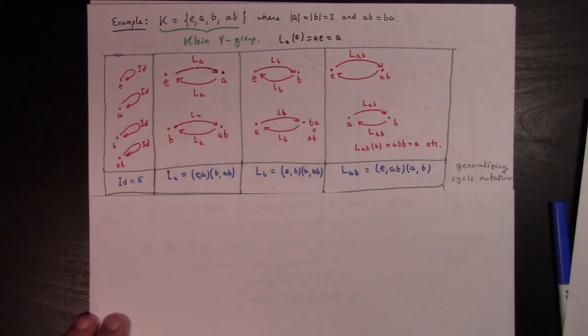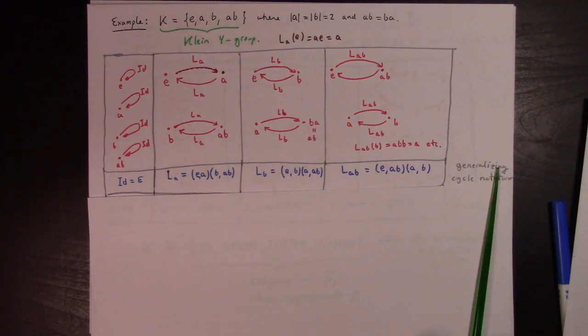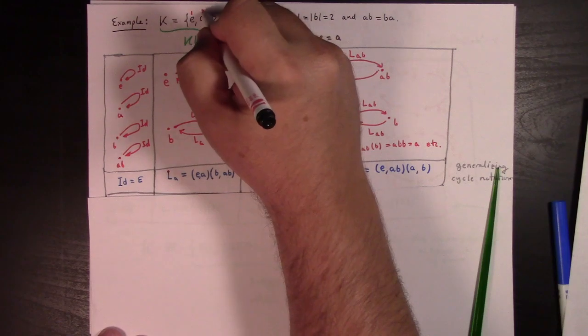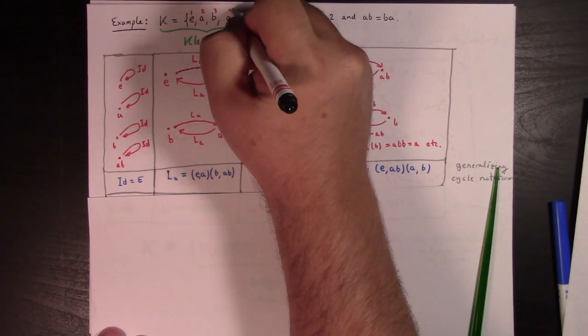But actually, what we like to do when we implement Cayley's theorem is to go a step further and use yet another isomorphism to, instead of looking at G, think about labeling G. So think about labeling G: this is number 1, this is number 2, this is number 3, this is number 4.